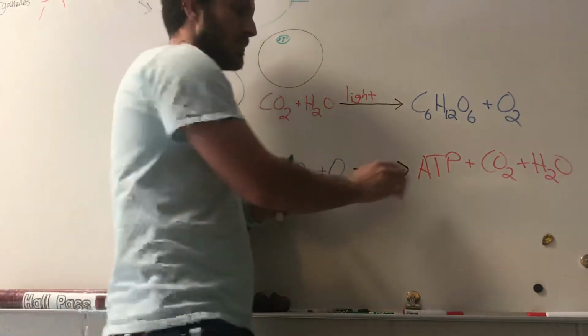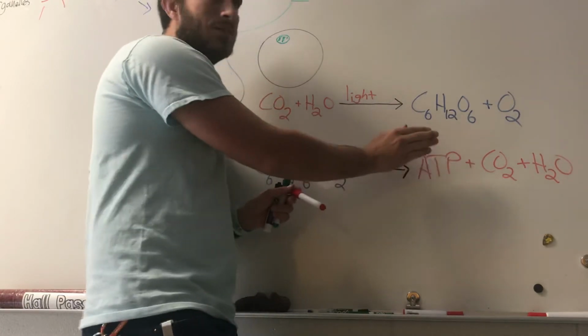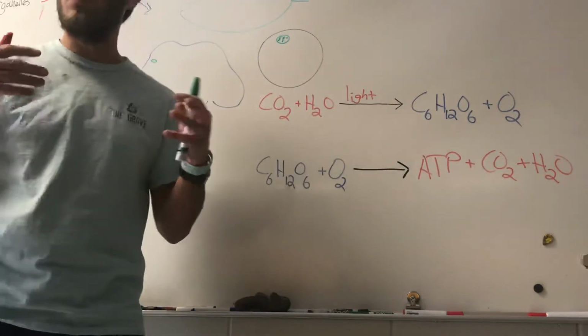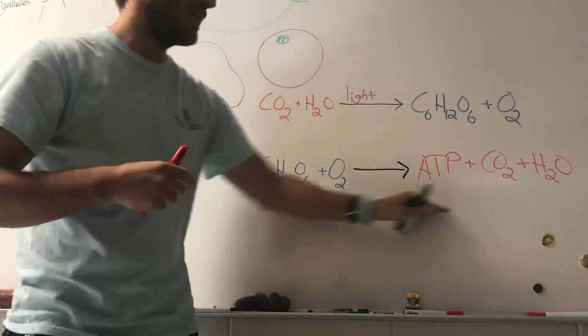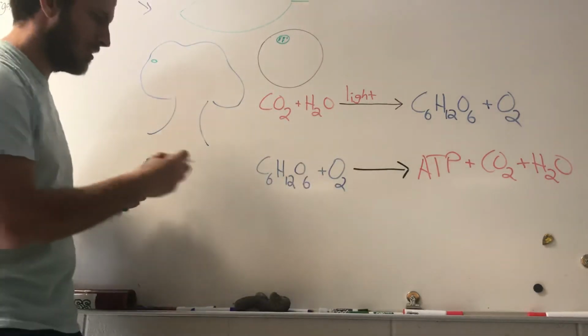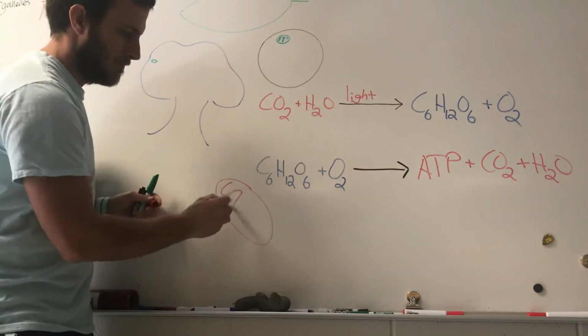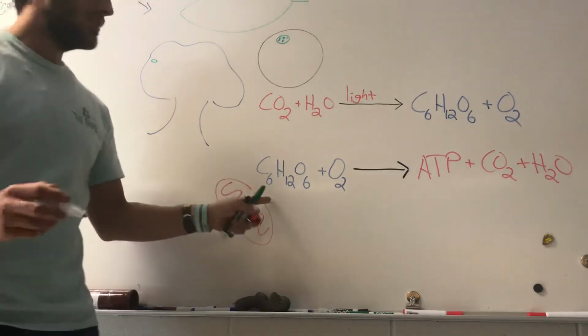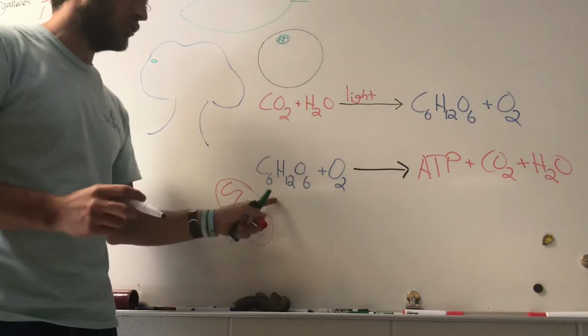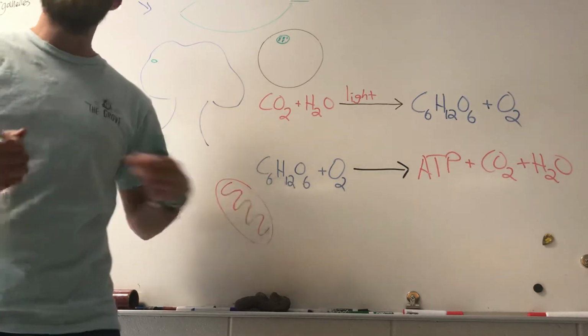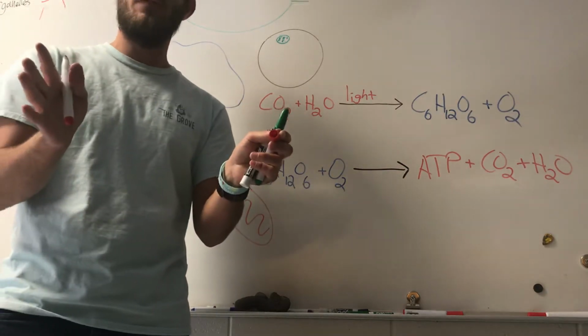Now, if you see light in the equation, when our mitochondria do this process, because this is where that happens, it's happening in the mitochondria. When our mitochondria are turning sugar and oxygen into energy, do they give off light? Is that the energy they're giving off?